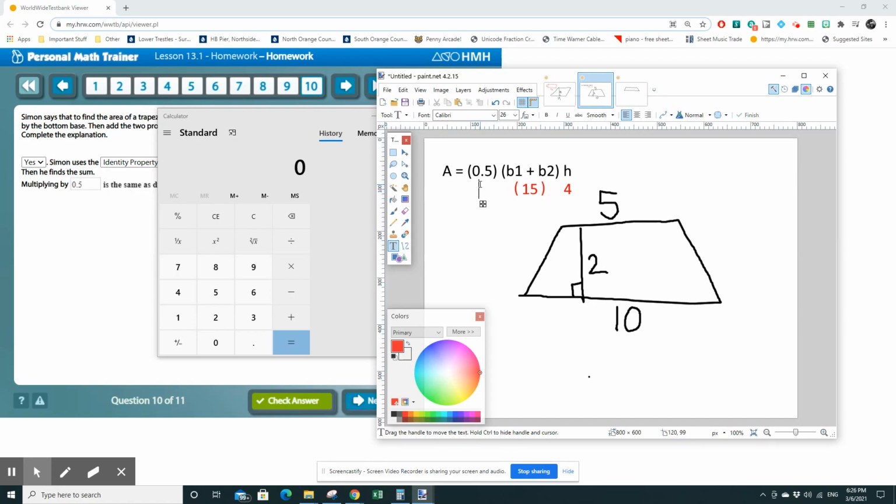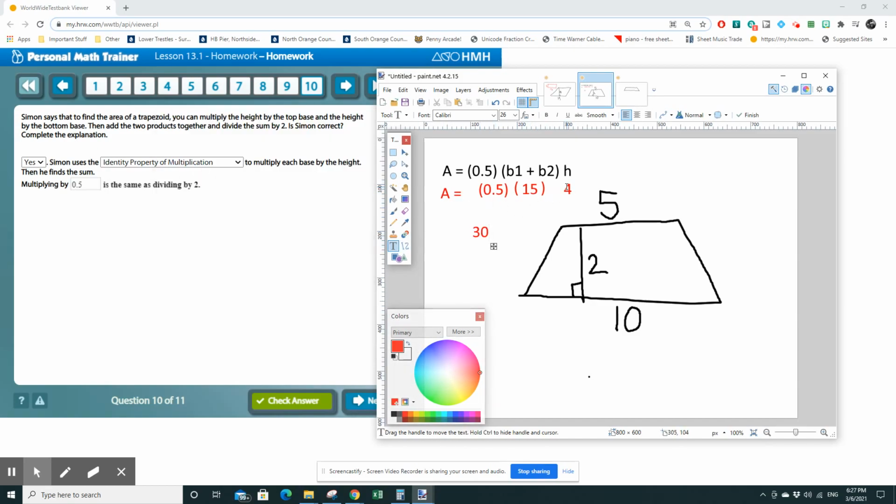And then I still have to multiply by 0.5. So A equals 0.5 times 15 times the height.